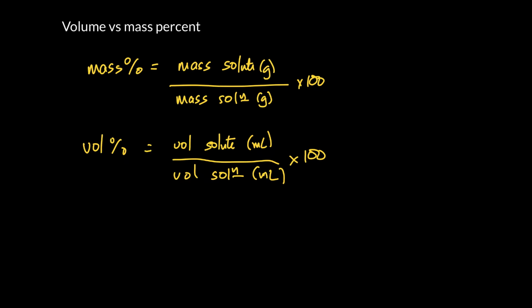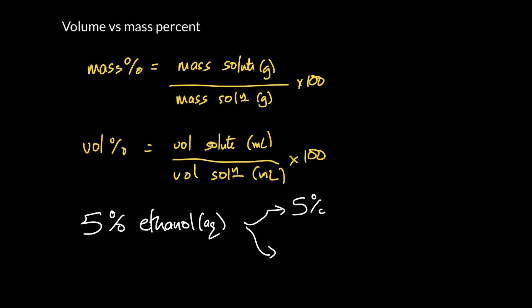For example, if we take 5% alcohol, so maybe we've got 5% aqueous ethanol, you might say that just means it's 5 per 100. The question is, which percent are you using?